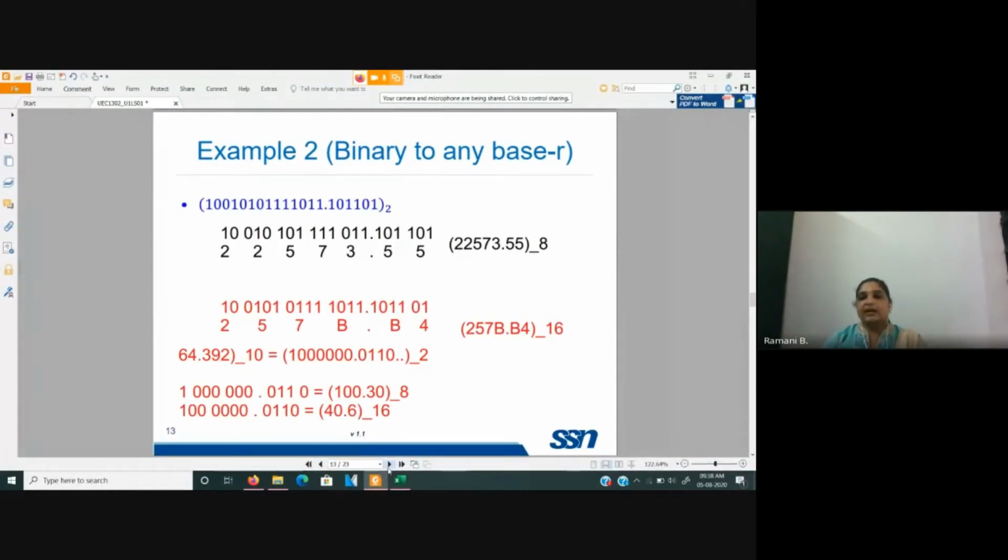With the fractional part, you multiply by the corresponding base R, continue the multiplication with the fractional part alone, and accumulate the integer parts obtained in the results from top to down. Okay, that is what you have to keep in mind with respect to number system conversion.